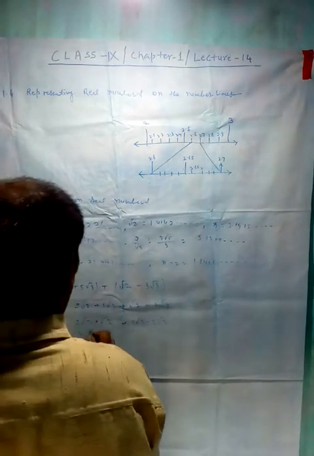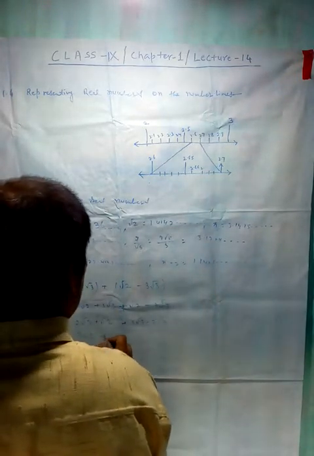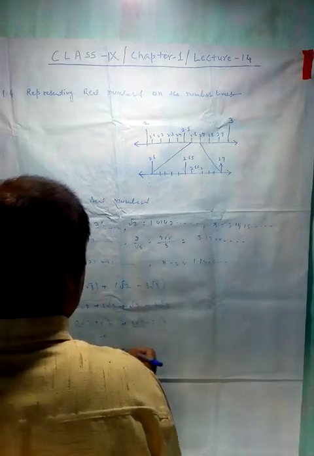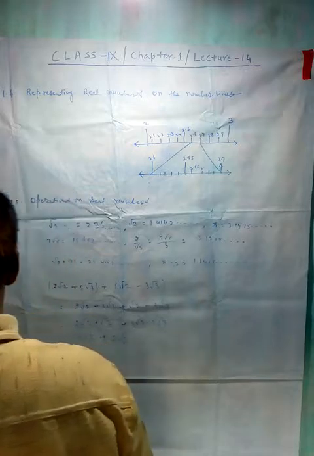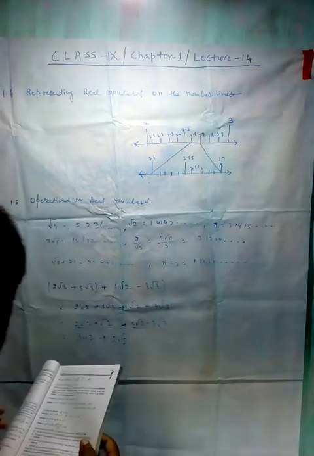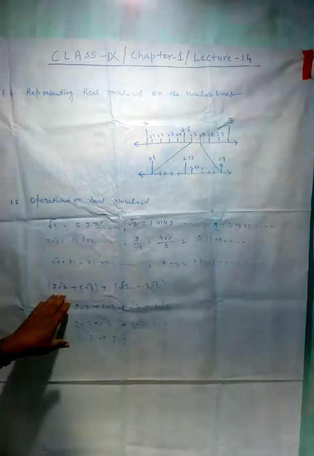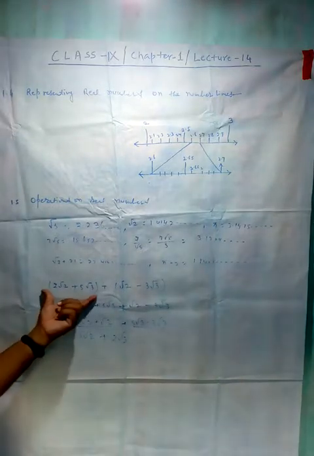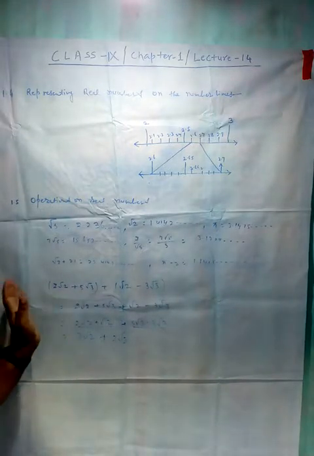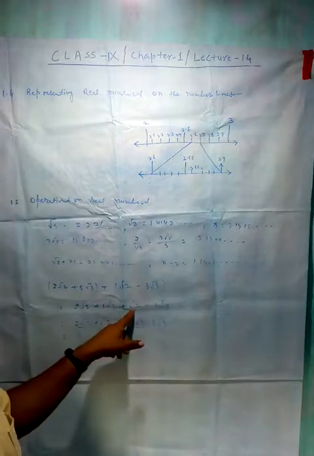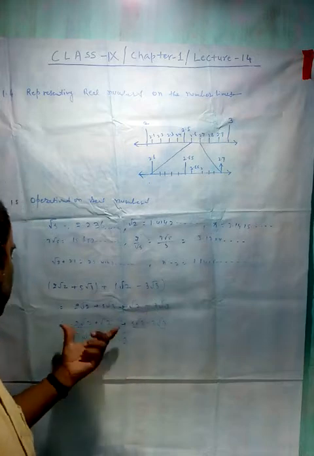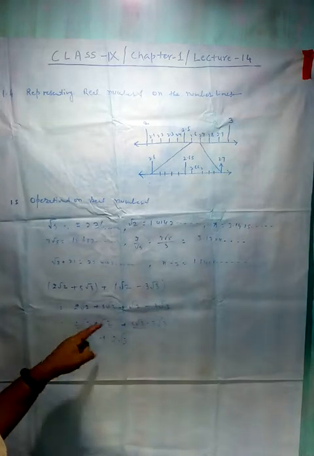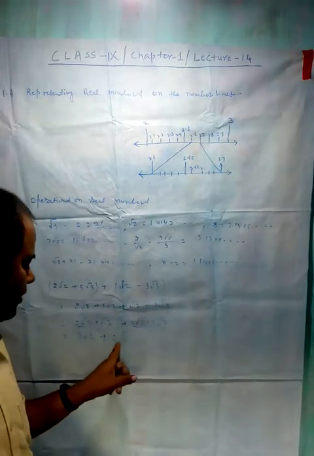Here it is 3 root 2 and here it is 2 root 3. First you remove the brackets, then you put the same terms together, root 2 here, root 3 there. So finally it is 3 root 2 plus 2 root 3.